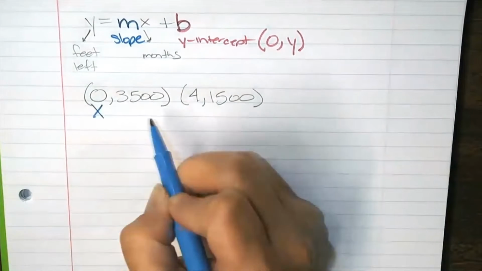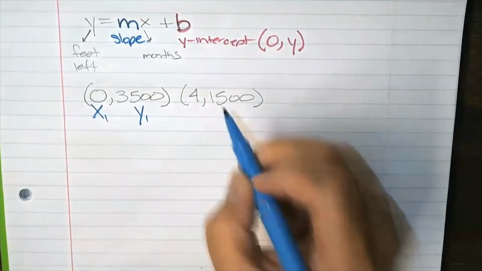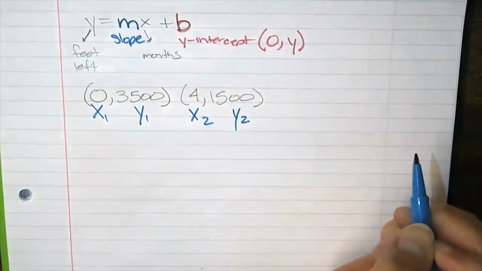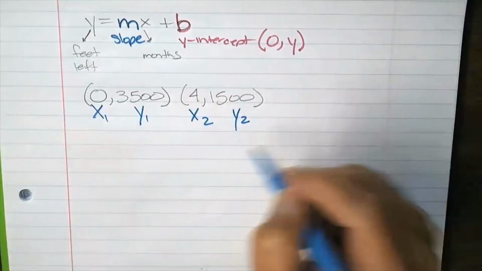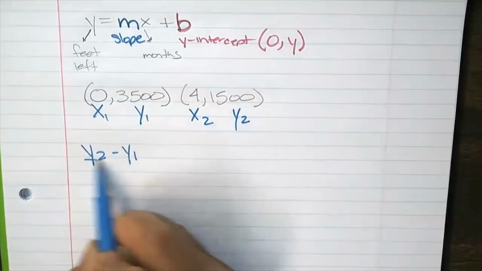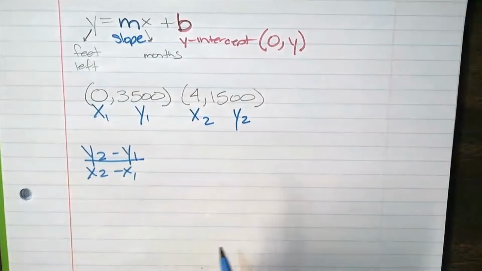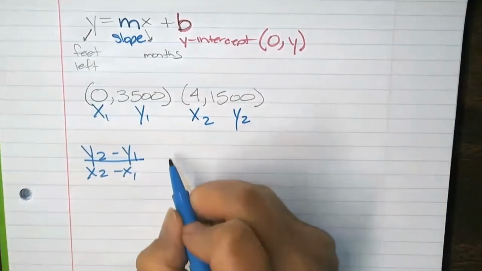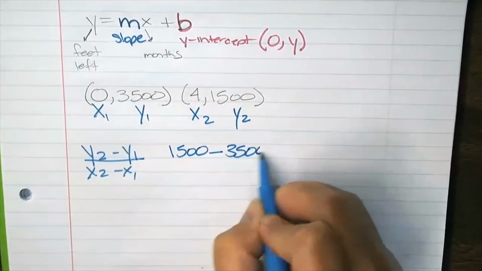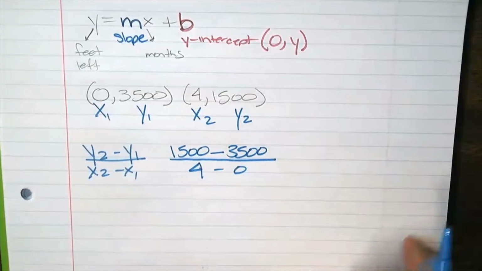Here's my first ordered pair, XY, and second ordered pair, XY. I know that the equation is y2 minus y1 over x2 minus x1. So now I'm going to substitute 1,500 minus 3,500 over 4 minus 0.